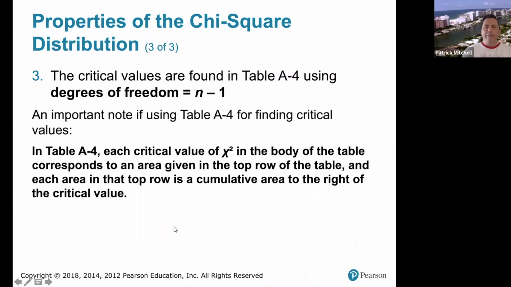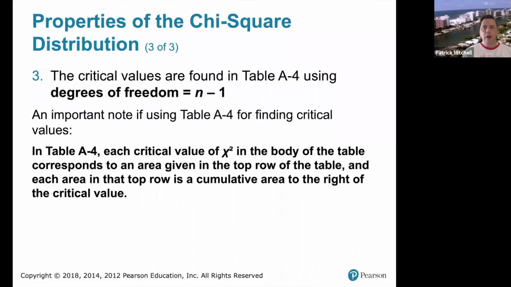All right, and to find critical values, you can use table A4. So I will include a link to that table in the description of this video. If you're one of my students, you can find this table posted on Canvas or Blackboard, whichever learning management system you use.